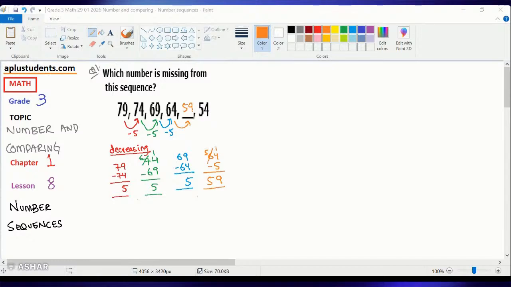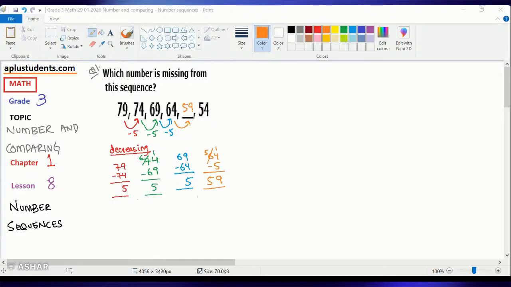Okay. Hi, Rebecca. Okay. So what we need to do is look at the sequence. We need to find the missing value in this given sequence. Okay, moving ahead to the next question.